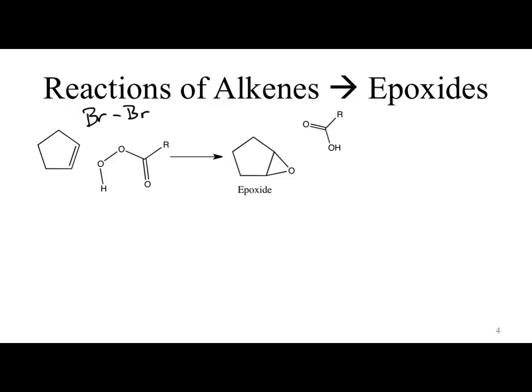Like I said, that's not particularly stable, so we have to add some other pieces to help stabilize it. That ends up being a really reactive functional group. In fact, that bond ends up being exceedingly reactive, because the oxygens don't want to share their electrons with all those different groups.